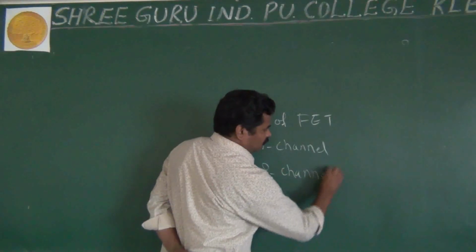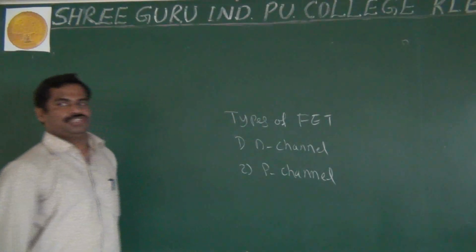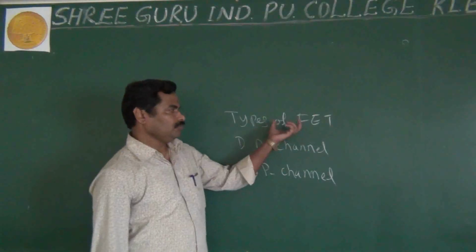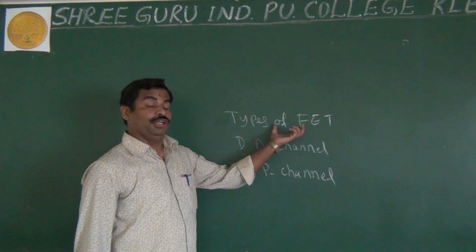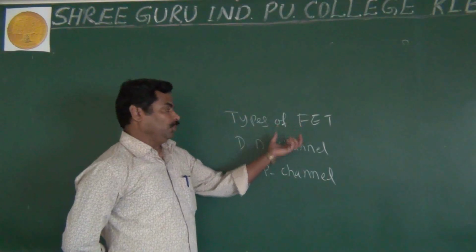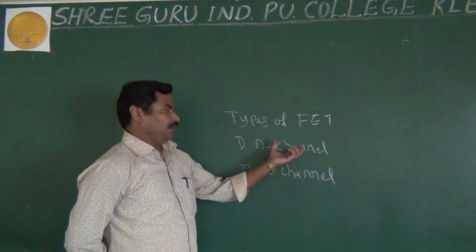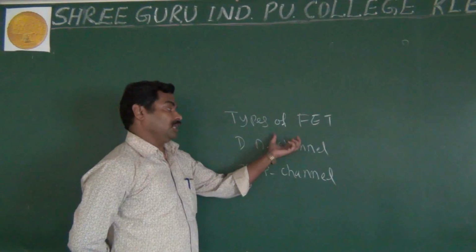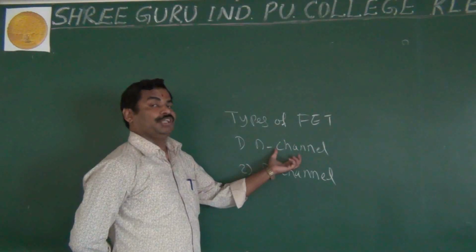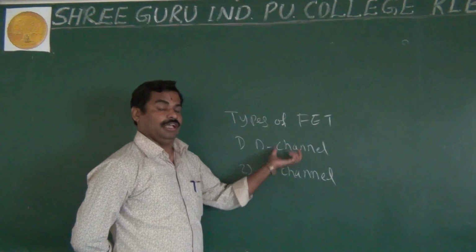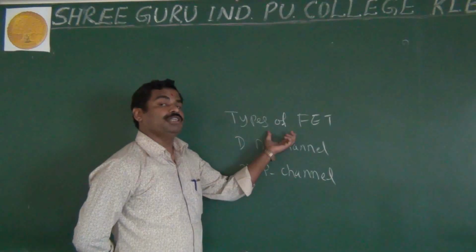Now in the N channel, as I said, the FET is called a unipolar device, because if we are using an N channel FET, the current is because of the electrons, since electrons are the majority carriers here. As I said, FET current is because of the majority carriers.